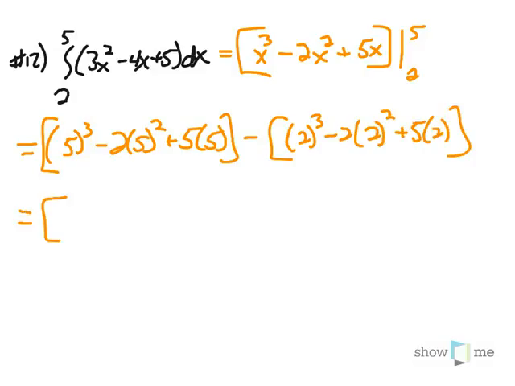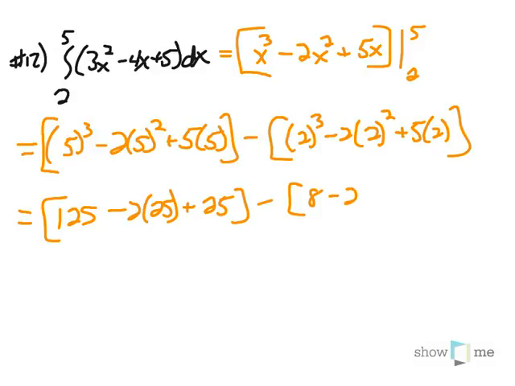Simplifying this, 5 to the 3rd is 5 times 5 times 5, which is 125. 5 squared is 25. 5 times 5 is 25. 2 cubed is 8. 2 squared is 4. 2 times 5 is 10. 125 minus 2 times 25 is 50.